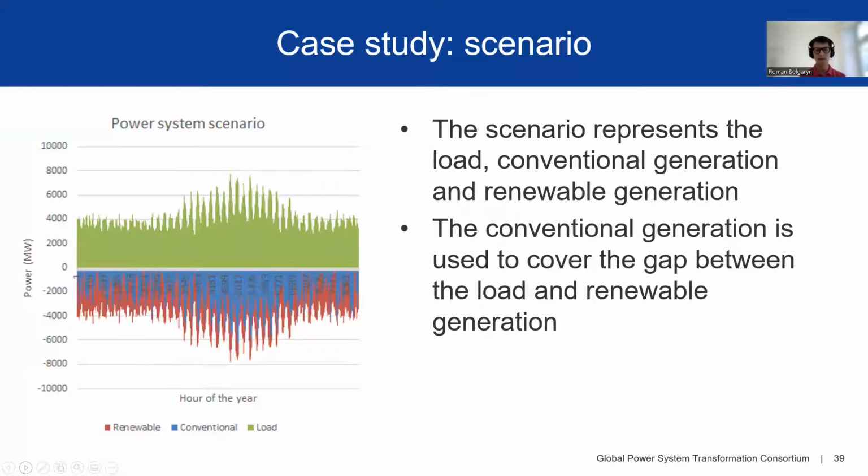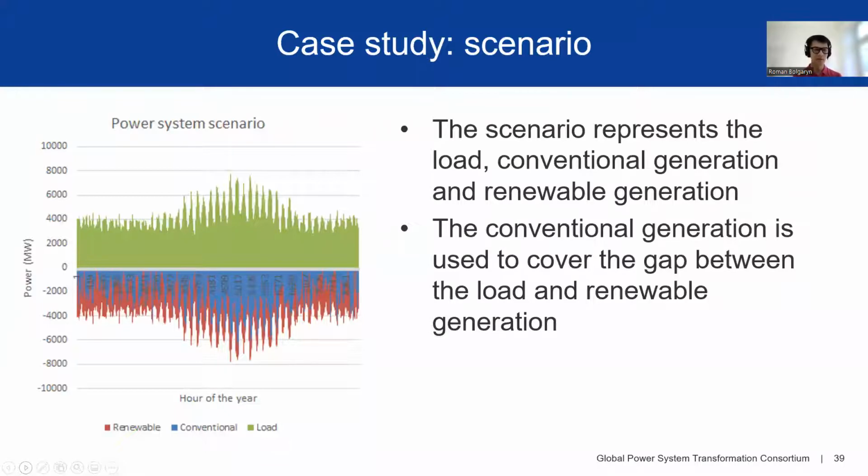And the conventional generation is used to cover the gap between the load and the renewable generation. We do not perform a correct unit commitment study or unit commitment calculation, but we use the installed power of the conventional generation to scale it up and down with the distributed slack approach.